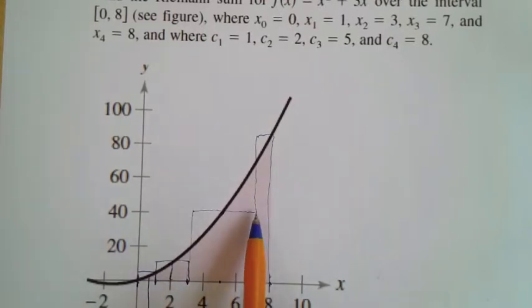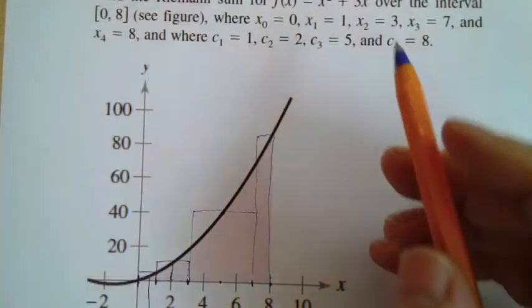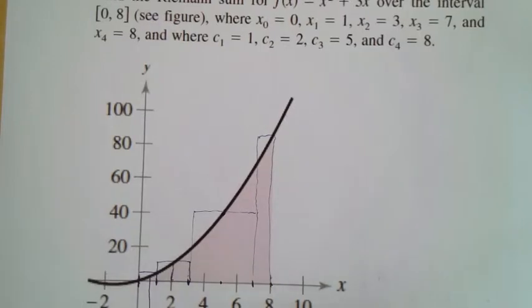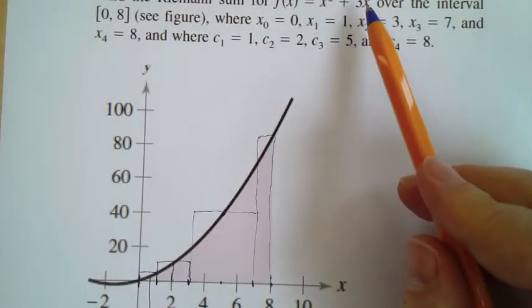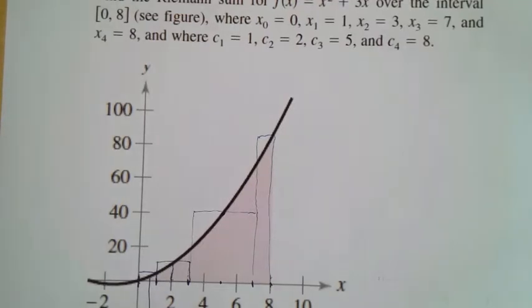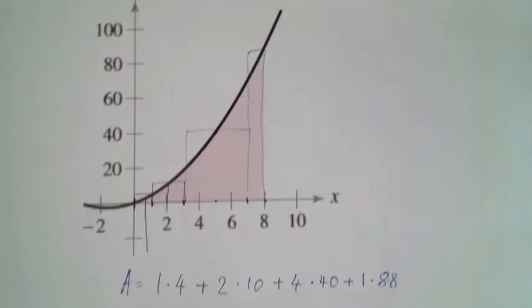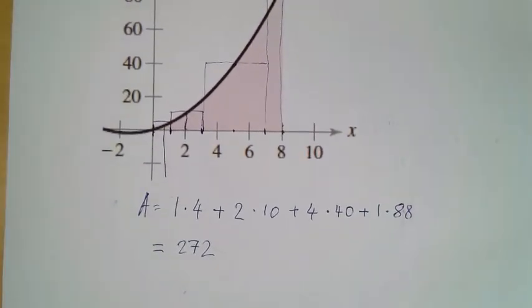The big rectangle here has a base of 4 and a height which is determined by x equals 5. So 25 plus 15 equals 40. And finally, the last rectangle has a base of 1 and its height is determined by x equals 8. So 64 plus 24, which is 88. So when you add all of this together, you find 272. So here's the final answer.